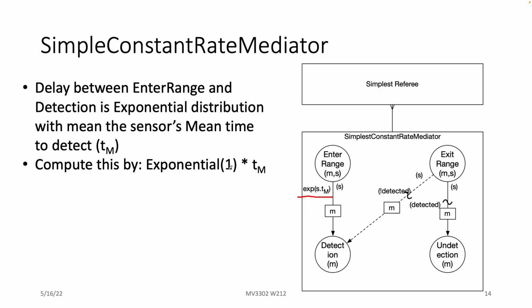Alternatively, we could have simply set the mean of the exponential to be this, but it turns out the implementation works a little bit nicer with this. But we have the same principle. Because there's going to be a delay between the enter and the exit range, we could be in a situation where the detection happens outside, that is after we've left, and we need to cancel it as we've done here.